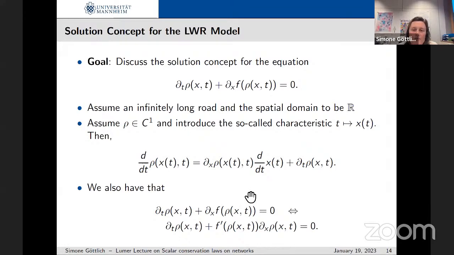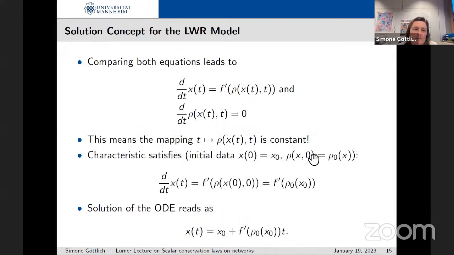So now, what does it mean if we compare these two expressions? We can say that this derivative of x of t equals f prime, and the total derivative of rho is 0. In other words, this means that rho is constant along the characteristics.